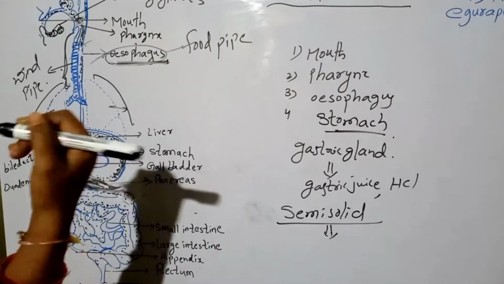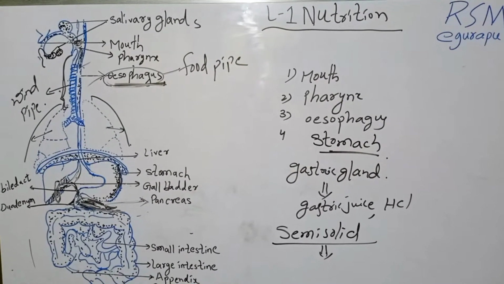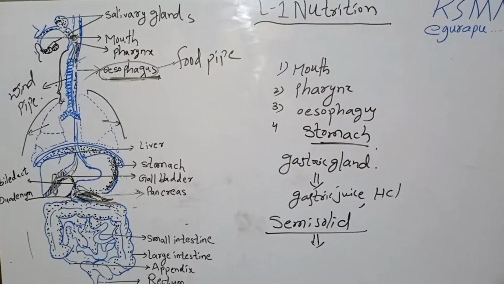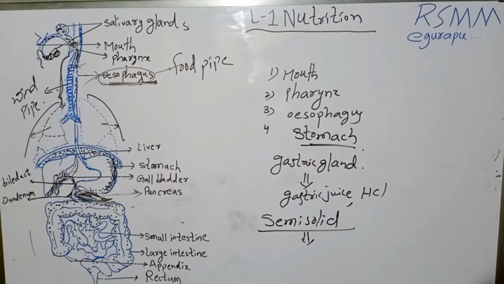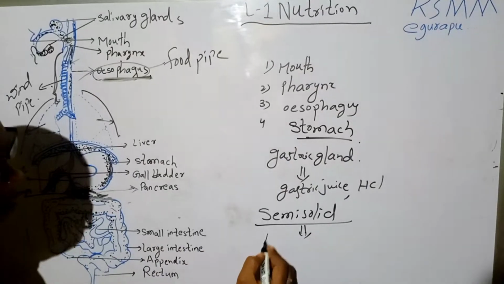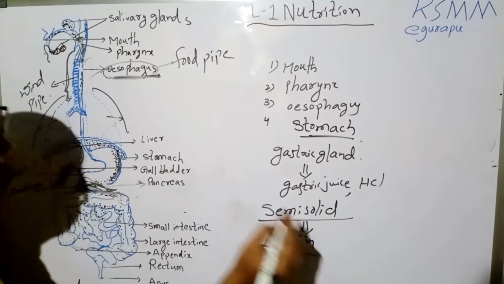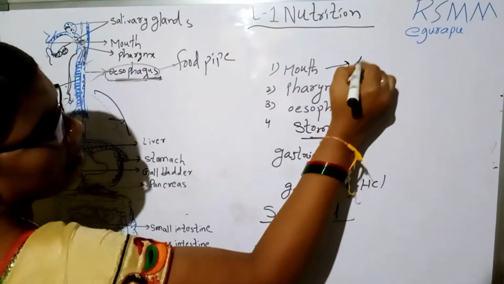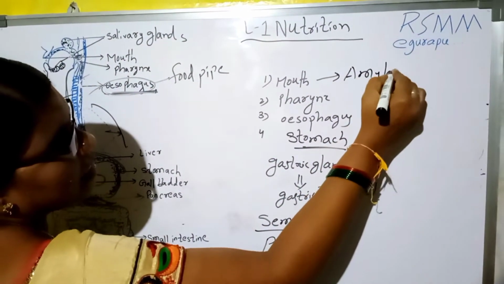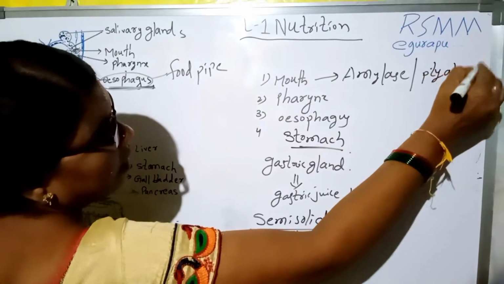The digestion process goes on. Most of the proteins and carbohydrates are broken down into smaller molecules with the help of an enzyme, pepsin. Which enzyme? Pepsin. In the mouth, we studied one enzyme, amylase or ptyalin.